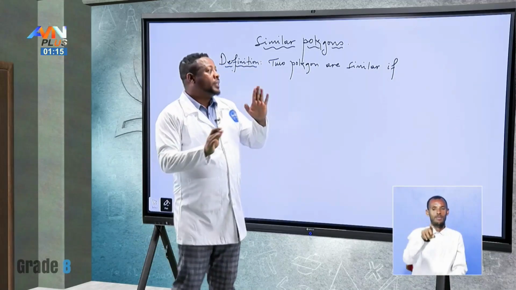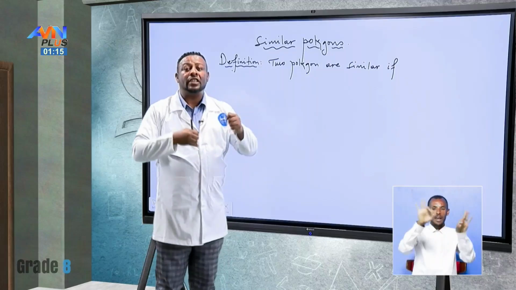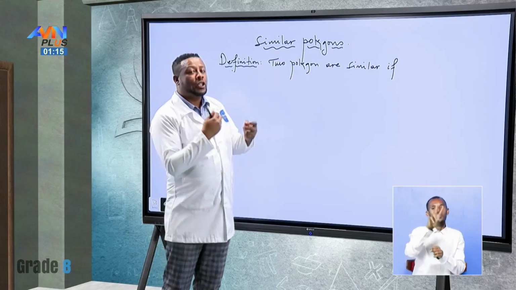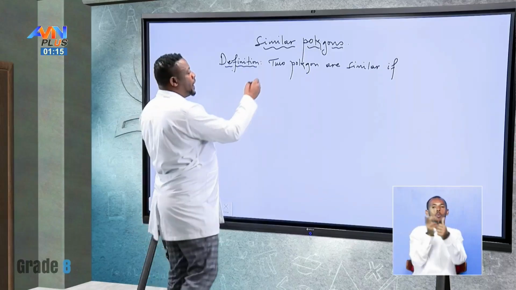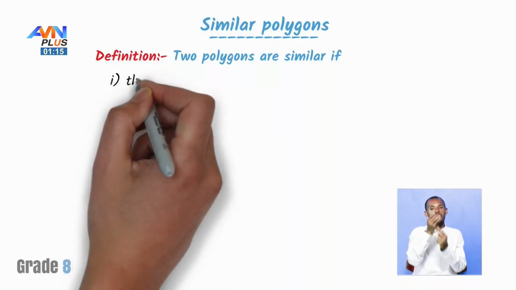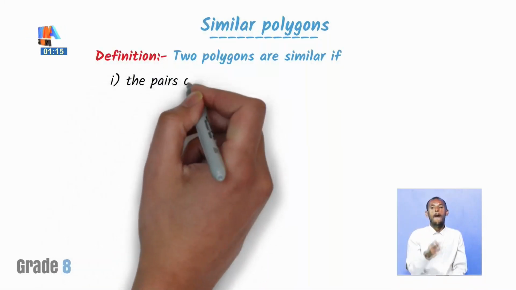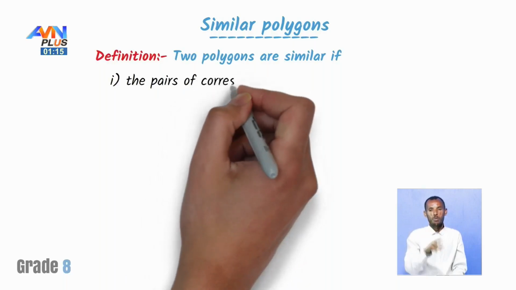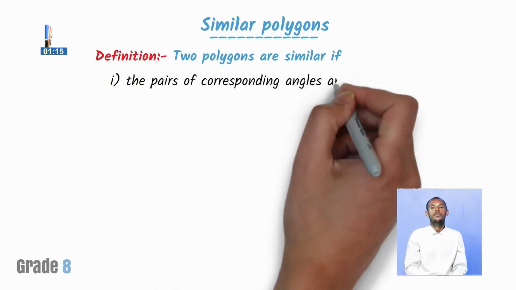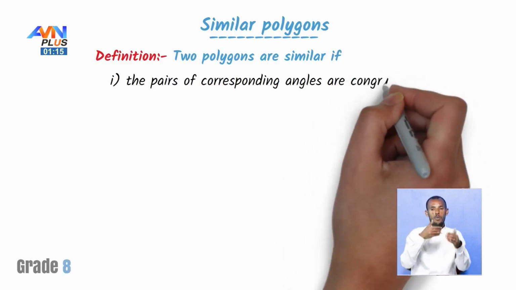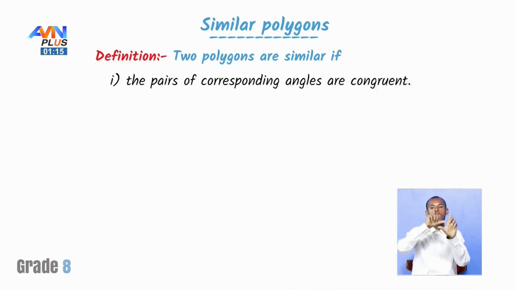There is a necessary and sufficient condition for two polygons to be similar. One of the conditions is that the pairs of corresponding angles are congruent.